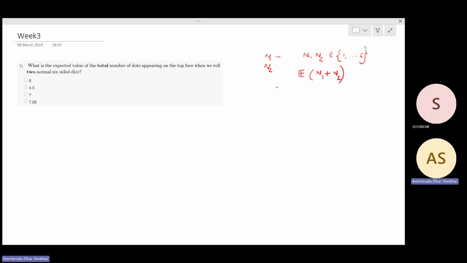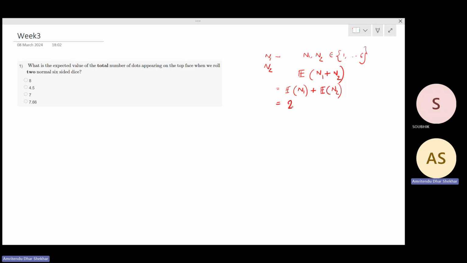So the expectation of n1 plus n2 is equal to the expectation of n1 plus expectation of n2. This is from the linearity of expectation. N1 and N2 are both thrown independently, so they have the same expectation because they are identically distributed.